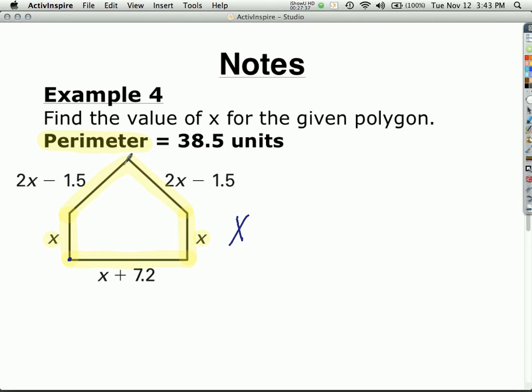Then from here to here is 2x minus 1.5. Now I'm here. Now I got to go this distance plus 2x minus 1.5. Now I have to go here plus x, and then here, back to the beginning, plus x plus 7.2, and all together that has to add up to 38.5.